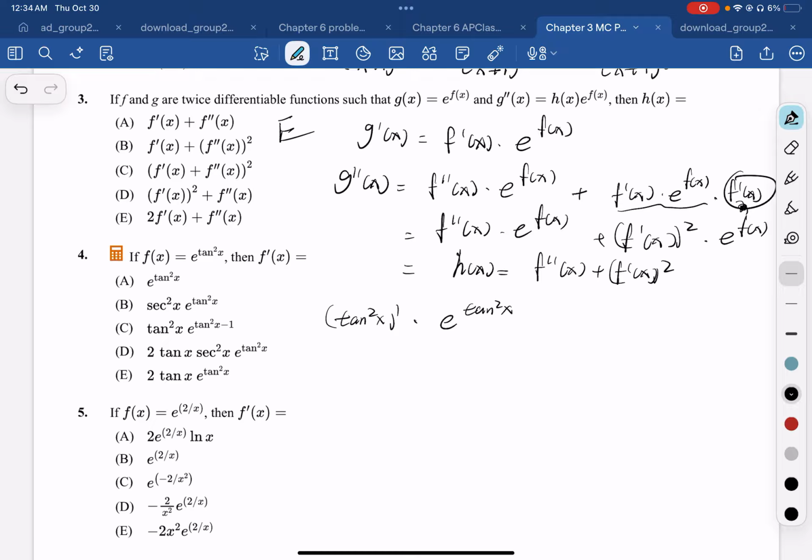And the prime of tangent square x becomes tangent of x squared prime. So it becomes 2 times tangent of x times tangent of x prime, which is 2 tangent x times secant square x and times e raised to tangent square x. So for this one, we choose D.